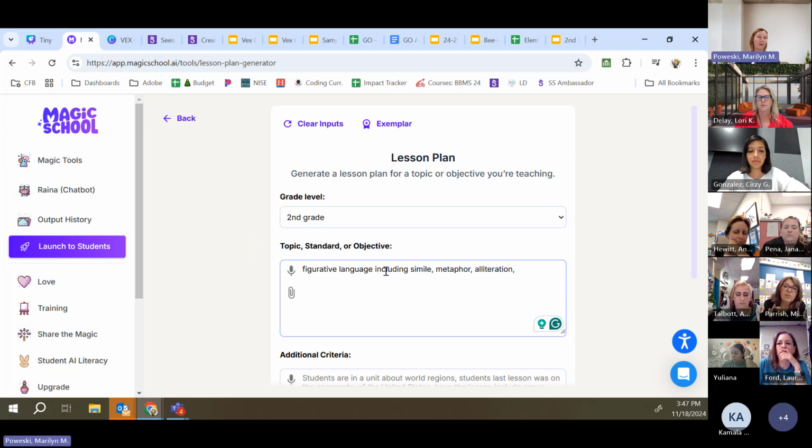Y'all figurative language people, help me out. I can't think of anything else. Lori, what you got? Oh, hyperbole. There you go. Hyperbole. Yes. Similes, metaphors. All I can think of is the song. There's like the superhero song where they're talking about the difference between similes and metaphors. Let's see. Ooh, personification. That's a good one.